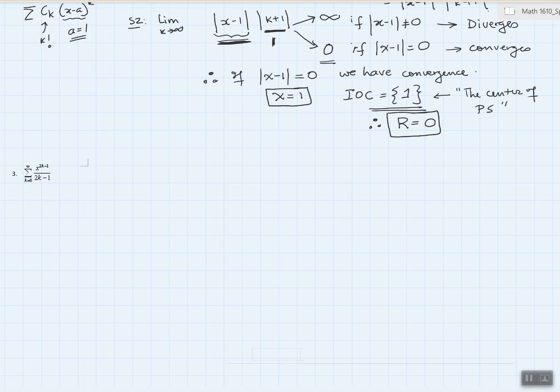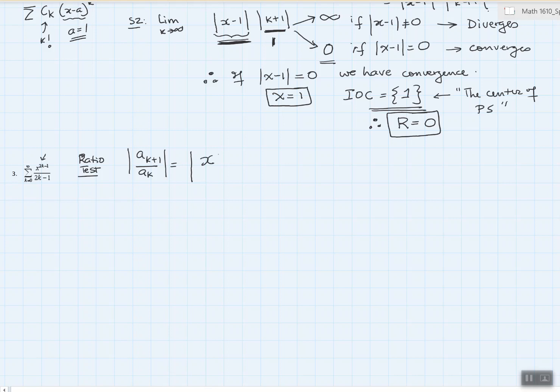So here, again, we are going to start with the ratio test. The algebra is a little bit intricate in the sense that I have to do a little careful writing, but it's not that big a deal. So what is a k plus 1? Wherever I see k, I'm going to write k plus 1.